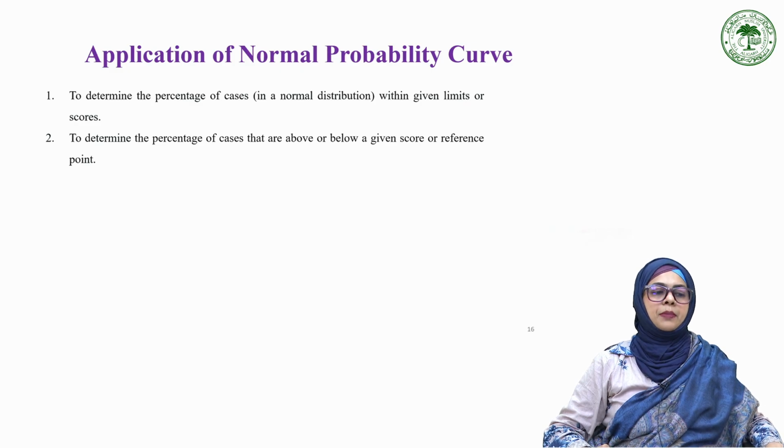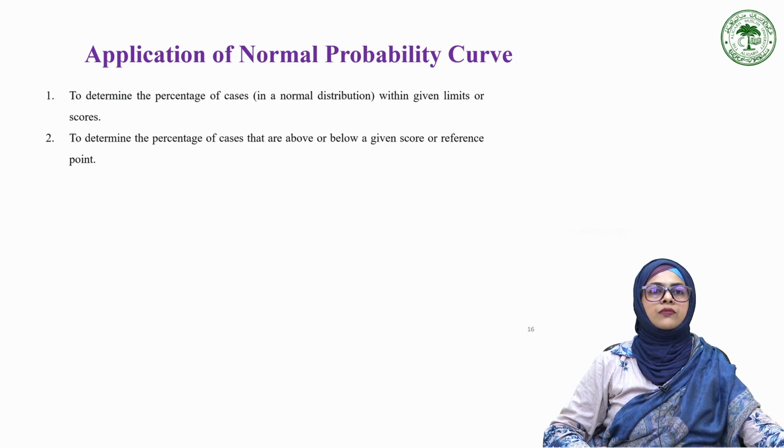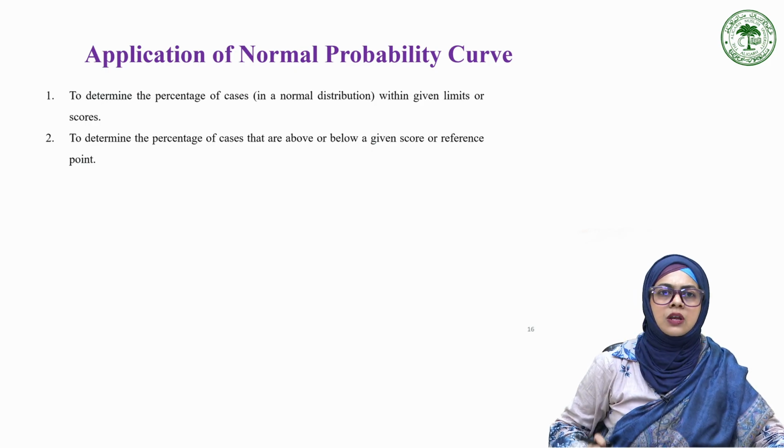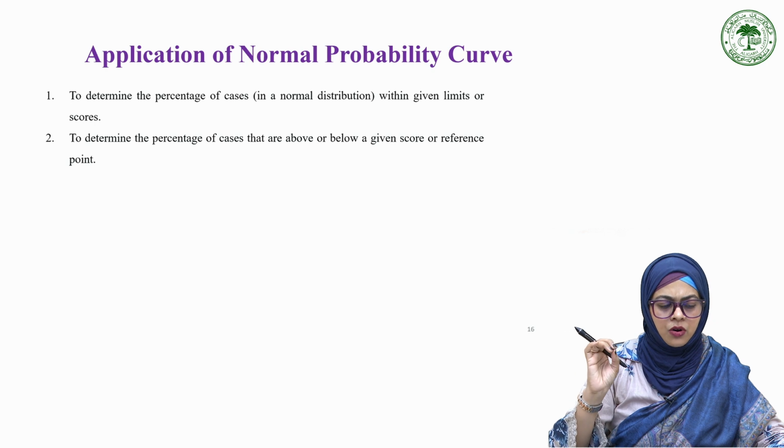Now coming to the application part. What is the application of the normal probability curve? The first application is to determine the percentage of cases in a normal distribution within a given limit or score.